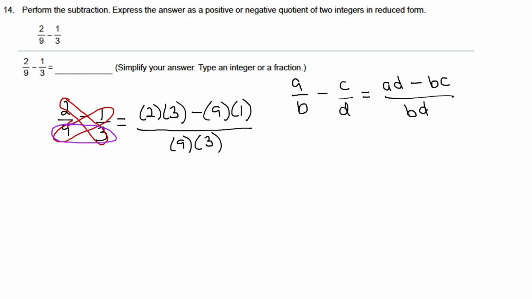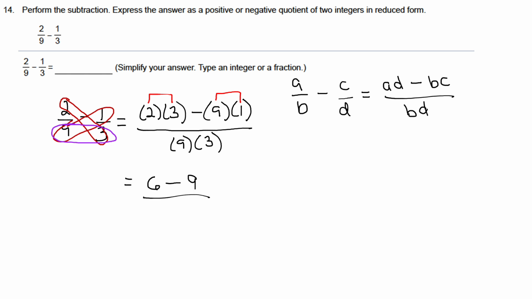Now that I've plugged all my numbers in, I can just perform the calculations. First, we want to multiply 2 times 3 together. That gives me a 6. Next, 9 times 1 gives me a 9.